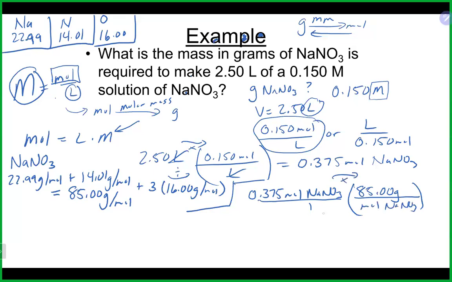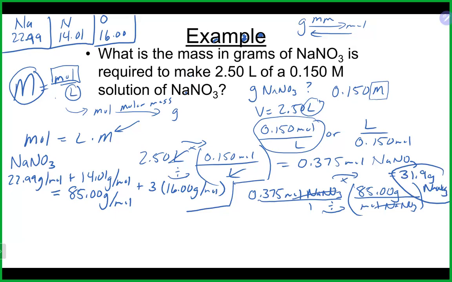Again, still multiplying and dividing here. Moles are going to cancel. And that's going to get us an 85, I think, call it 31.9 grams of sodium nitrate in this case. Any questions on that one there?